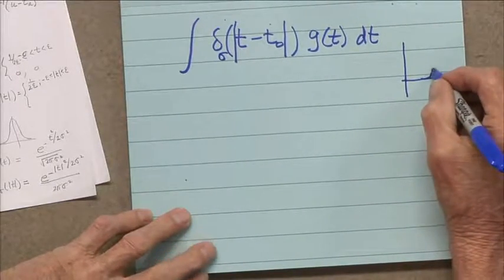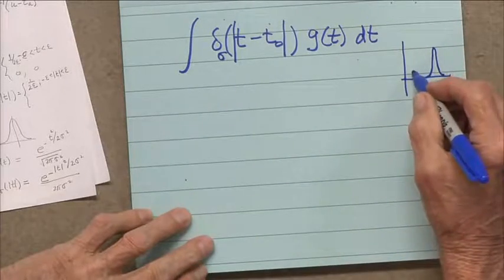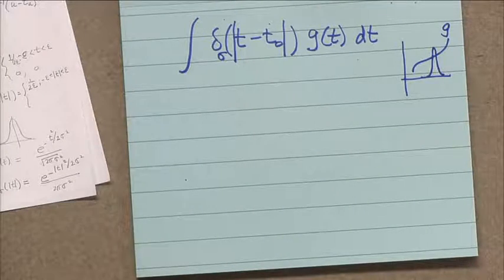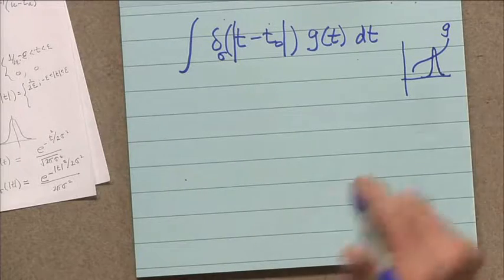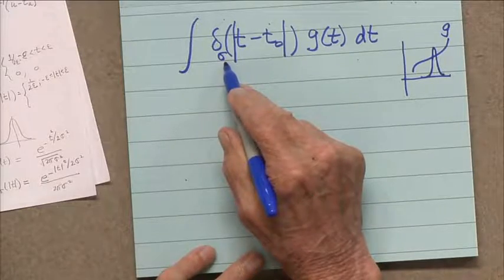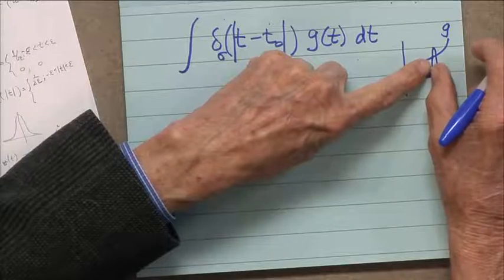And here's my delta, and then here's my g function. Now, as this sigma gets smaller and smaller, this thing squeezes up, doesn't it?